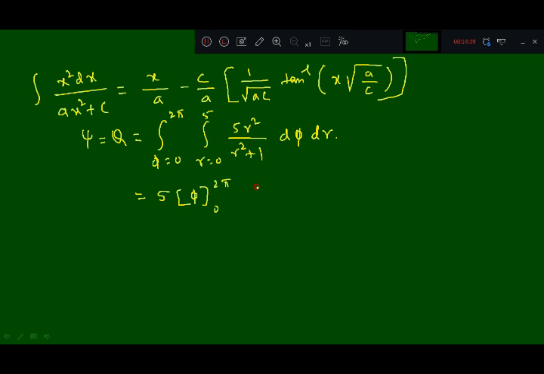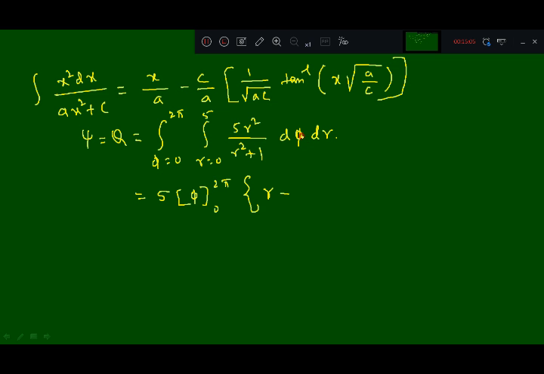Then according to the formula, the remaining term is x by a. Here we have r in place of x, so this is r by a, which is nothing but r, minus c is 1, a is 1, then inside the bracket 1 divided by square root of AC.